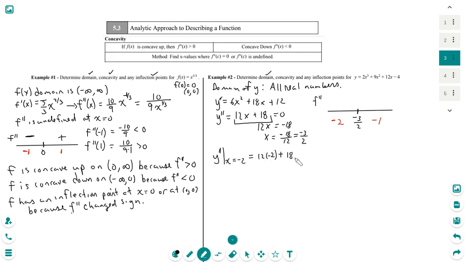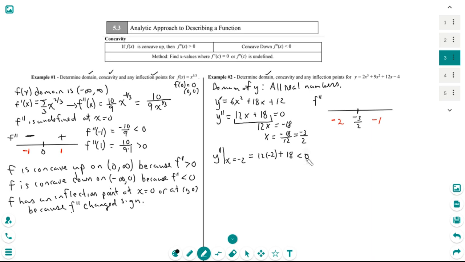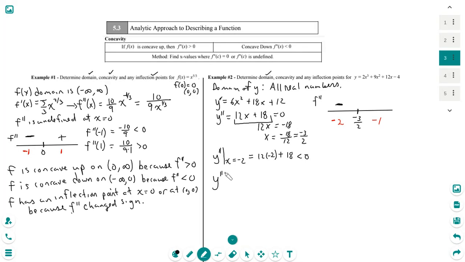That's going to be negative, so that's less than 0. So on my number line, I'm putting a negative there. Then I do the second derivative at x equals -1. Oops, I didn't mean for that to be curved. Oops, my eraser. Now I'm just making it worse, right?